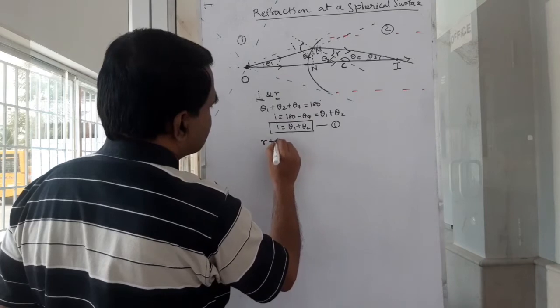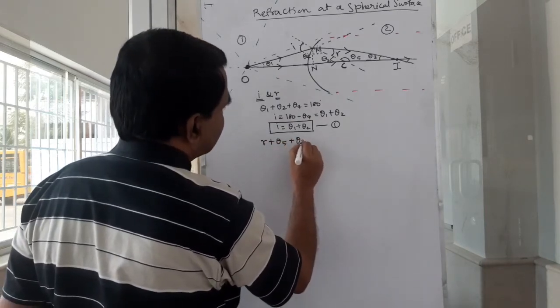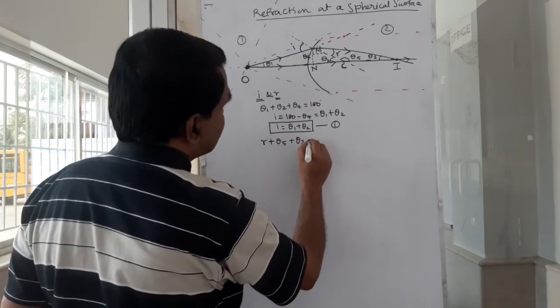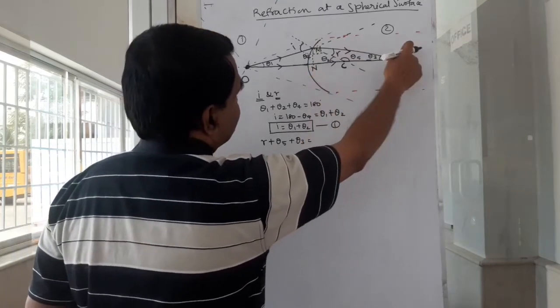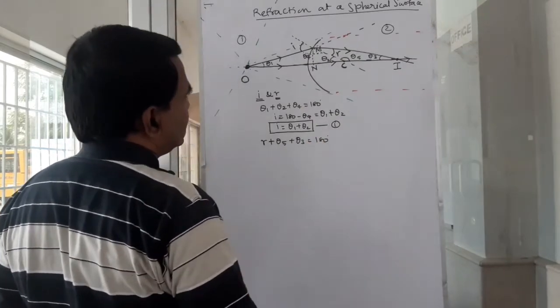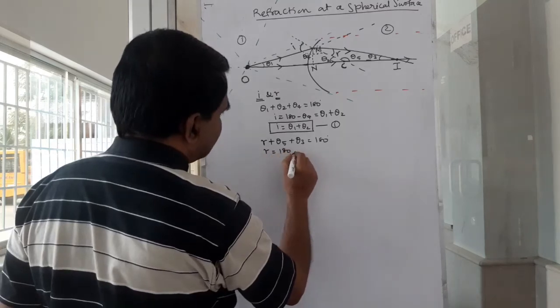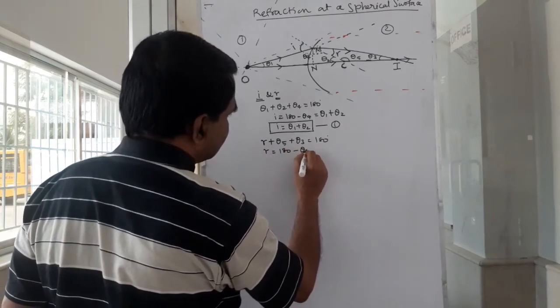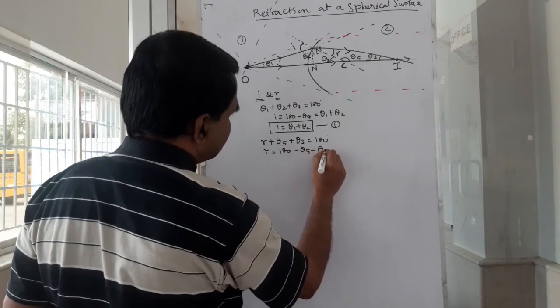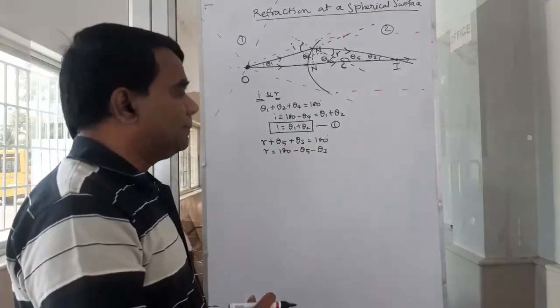R plus theta 5 plus theta 3 is equal to 180 degrees in this triangle. So what is my R? R is equal to 180 minus theta 5 minus theta 3. Okay?